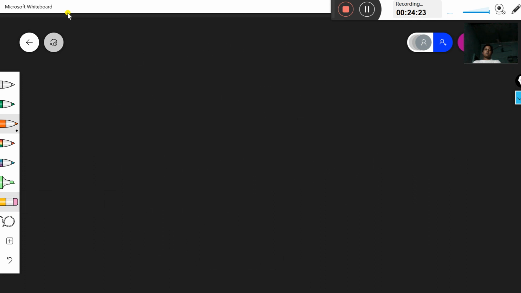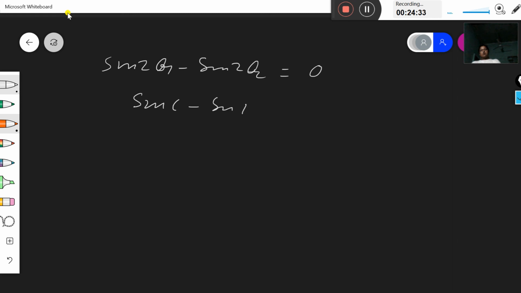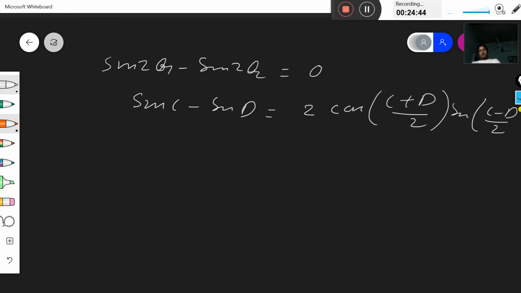Therefore, sin 2 theta 1 minus sin 2 theta 2, like sin C minus sin D, equals 2 cos (C plus D) by 2 into sin (C minus D) by 2.